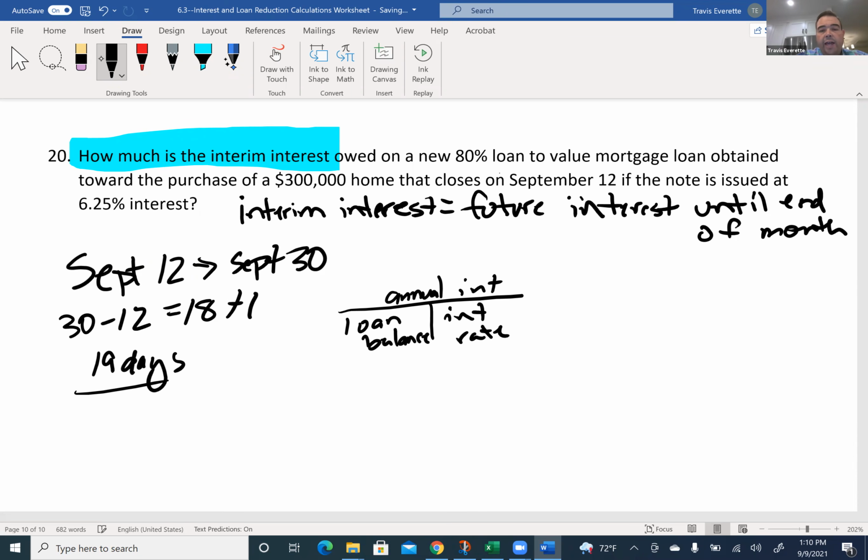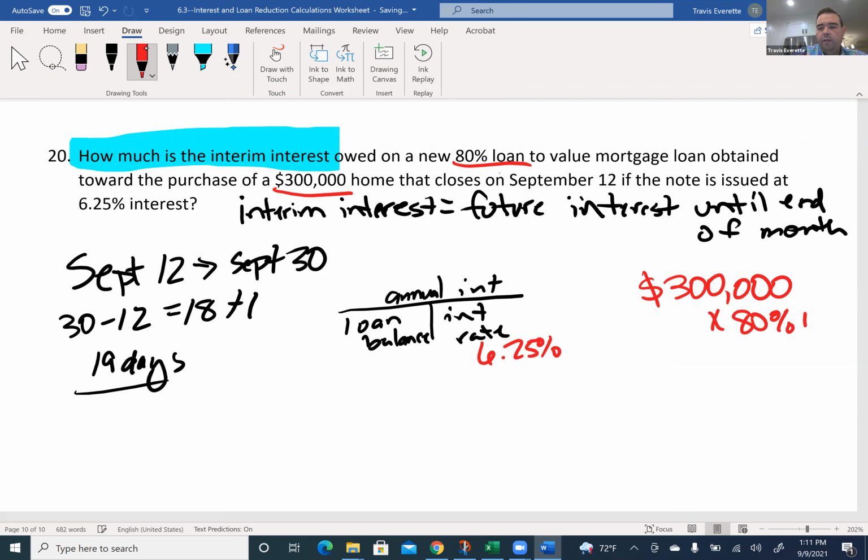And we know that the interest rate is 6.25%. They give us that. Here's what they don't give us. They don't give us the loan balance. They tell us that we're purchasing a $300,000 home and we're borrowing 80% of that, 80% loan to value.